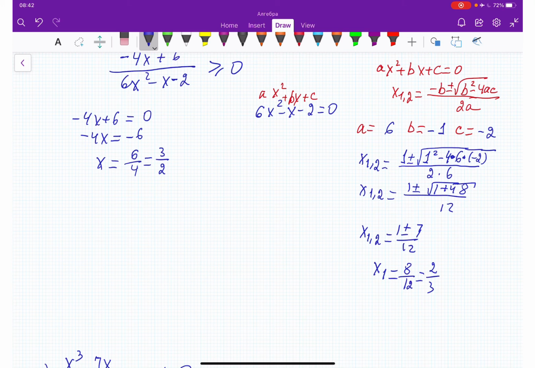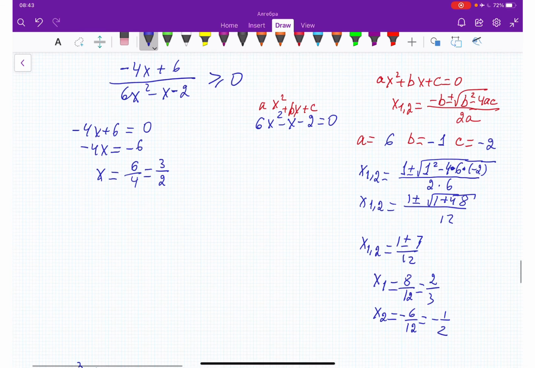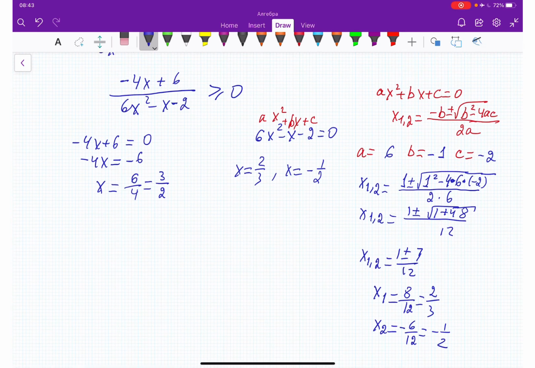And x2 is going to be 1 minus 7. It's going to be negative 6 over 12, which is going to be negative 1/2. So here we have x is equal 2/3 and x is equal negative 1/2.